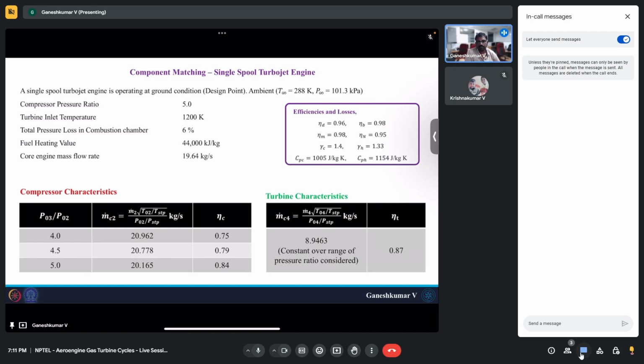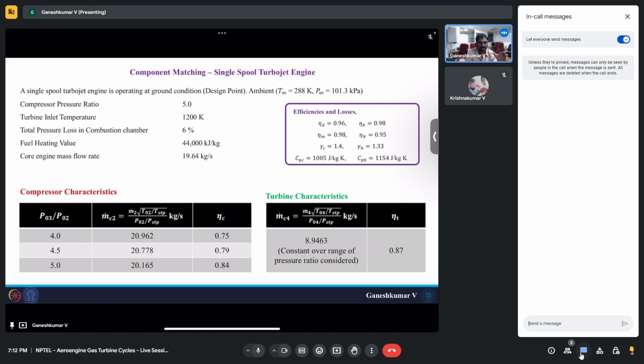So we can actually solve this numerical for the design point at ambient condition, and we can get thrust, TSFC, and A9, basically the exit area of the nozzle.